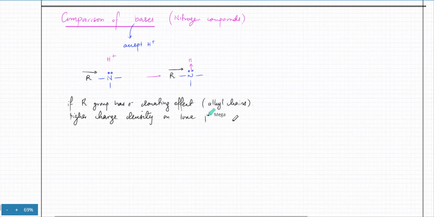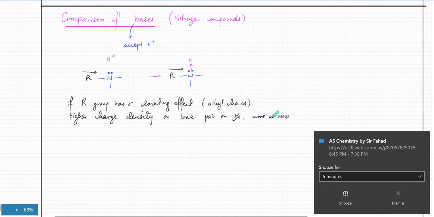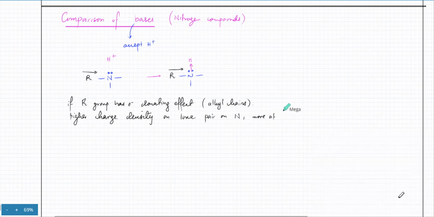And if there's a higher charge density on the lone pair on nitrogen, there's more attraction for H plus one. And if there is more attraction for H plus one, it's going to be a stronger base.